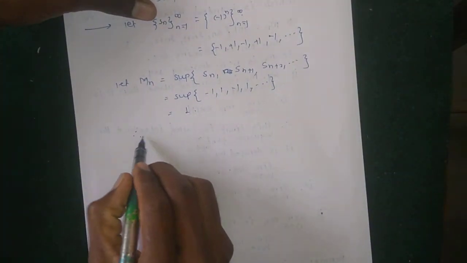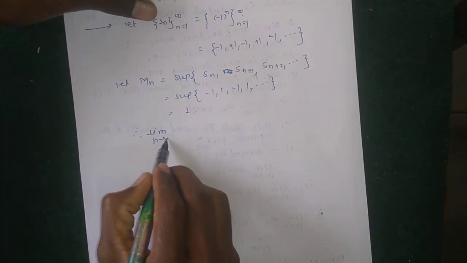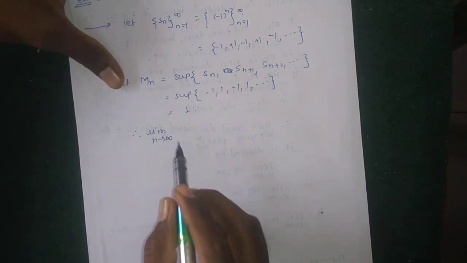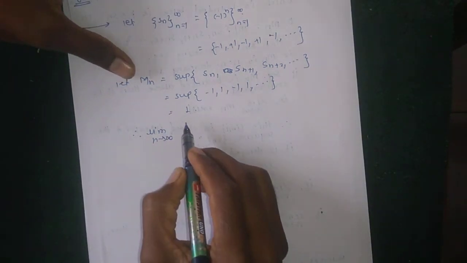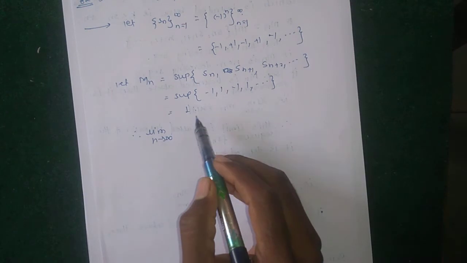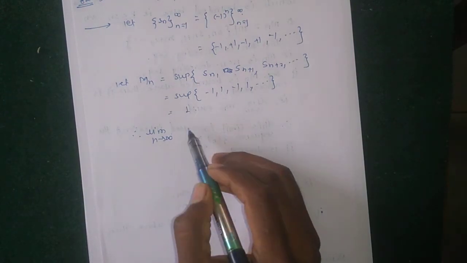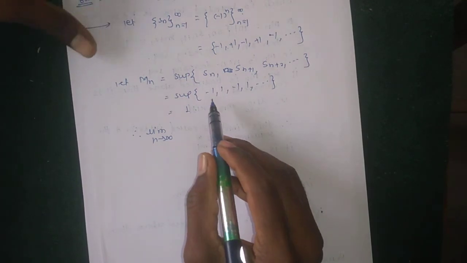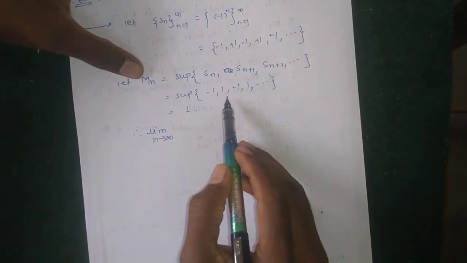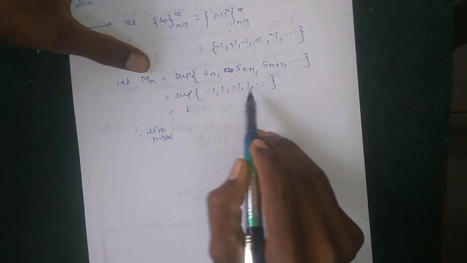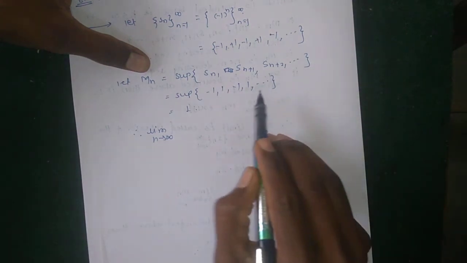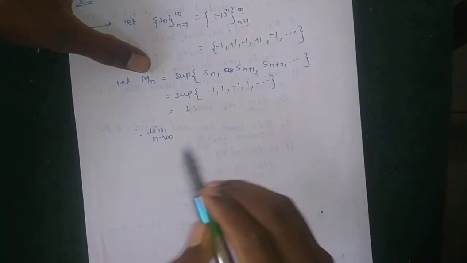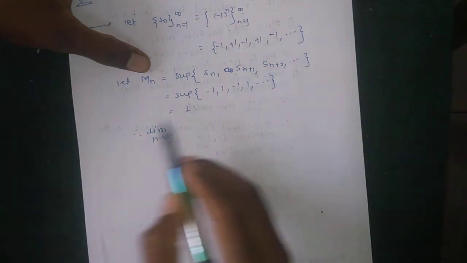Therefore, the limit as n tends to infinity. Here M1, M2, M3, why not satisfy? Because all Mn are equal: M1 is equal to 1, M2 is equal to 1, M3 is equal to 1, and so on.